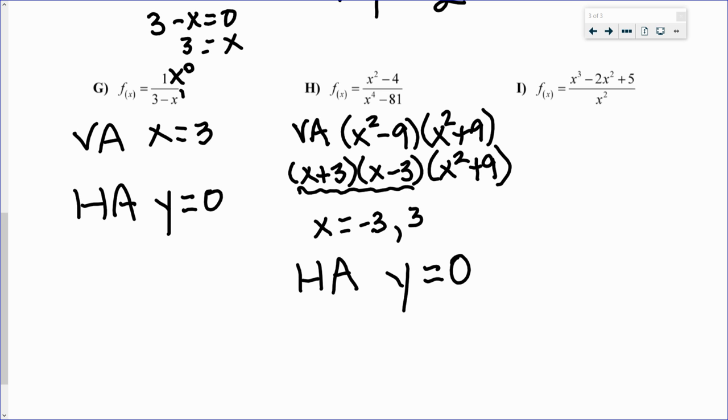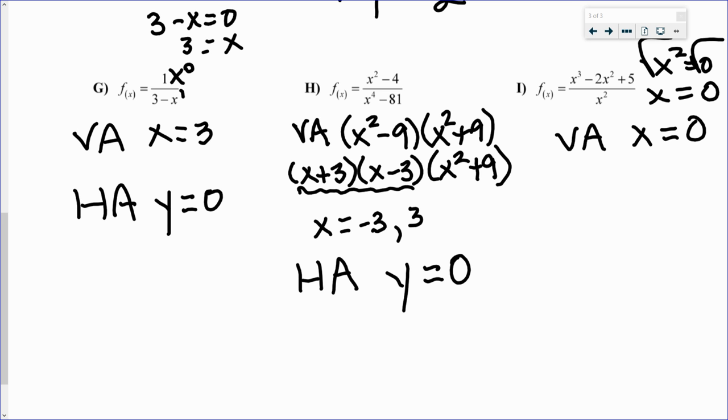And then lastly, the only thing that could make the denominator 0, I mean, if we took x squared and set it equal to 0, and then we took the square root of both sides, usually we say plus or minus, but there's really no such thing as plus or minus 0. 0 is 0. So we only have one vertical asymptote. And then the degree of the numerator is greater than the degree of the denominator. So there is no horizontal asymptote.